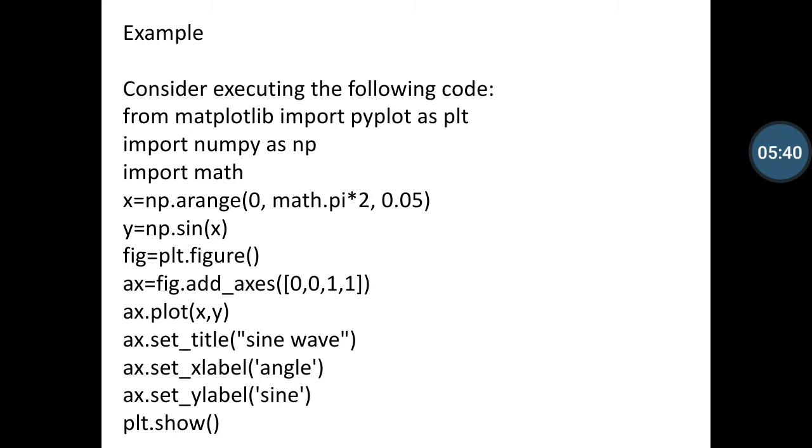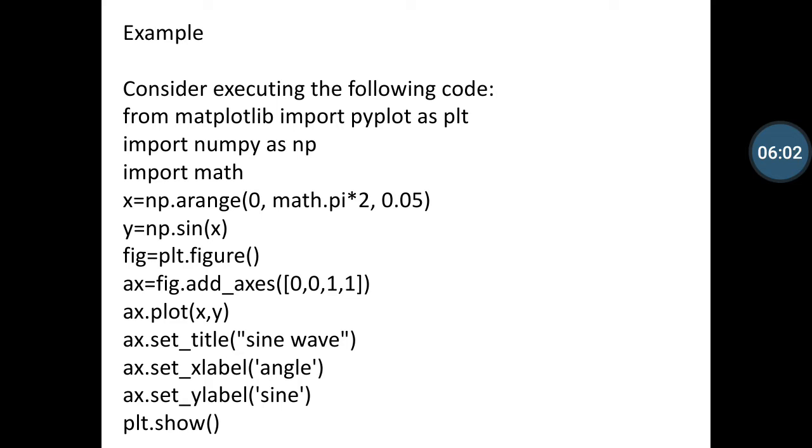Then ax.set_title defines the title of the graph such as sine wave, and the axes are defined as ax.set_xlabel as angle, and ax.set_ylabel is equal to sine, and simply write plt.show.